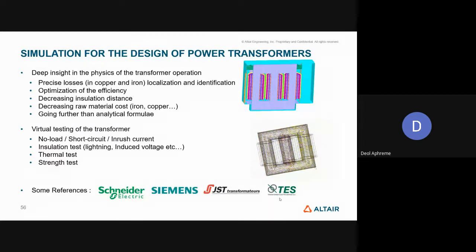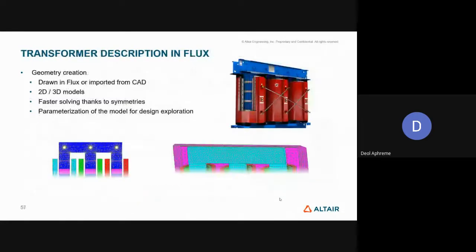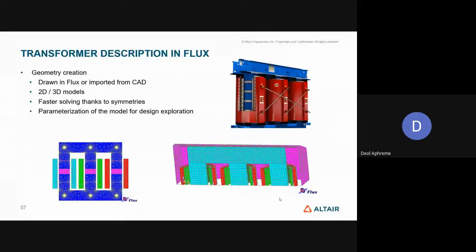With transformers, although from an electrical point of view we see the short circuit and the no-load test and all of these things, there's something called the thermal test and the strength test on the transformer, which is very important. In Flux, we can do it in 2D or 3D. As you can see here on the left-hand side, we have it in 2D. The red, the green, and the light blue speak about the coils which are wound around these three arms of the transformer, with a laminated air gap region in between.